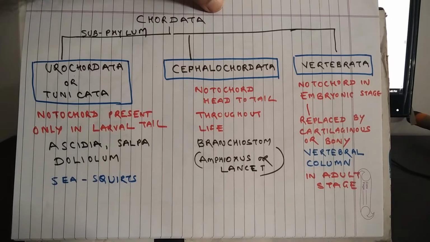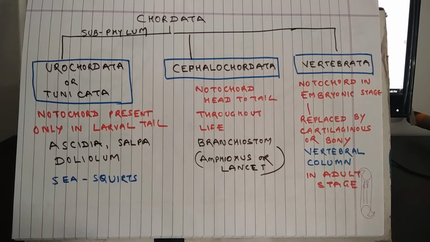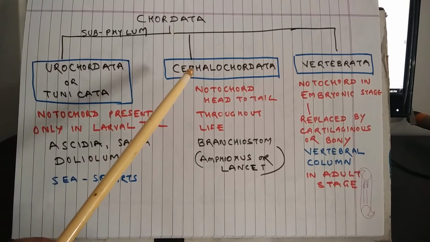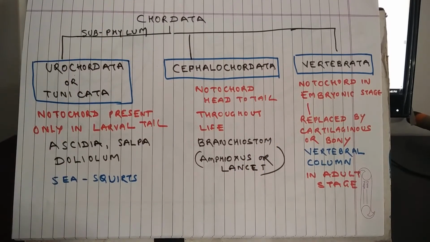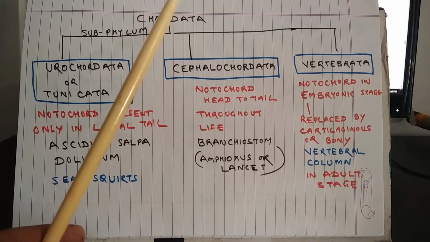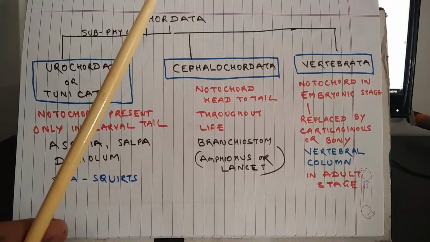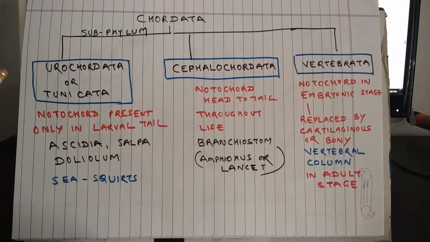Phylum Chordata is broadly divided into three subphyla. Number one is Urochordata or Tunicata. Number two is Cephalochordata and number three is Vertebrata. And the key difference is in the relative length of notochord, which is present or not in a particular group of animals. In case of Urochordata or Tunicata, notochord is present only in the larval tail.